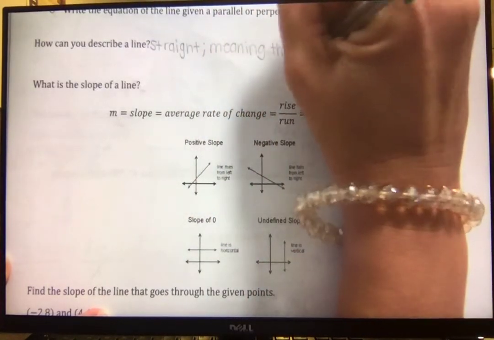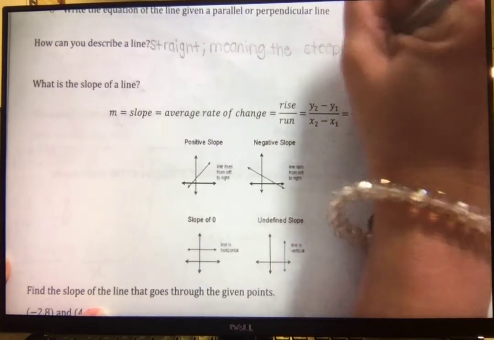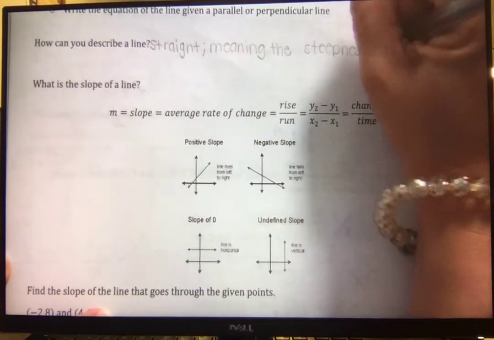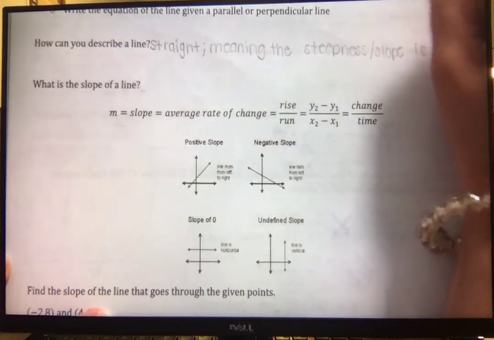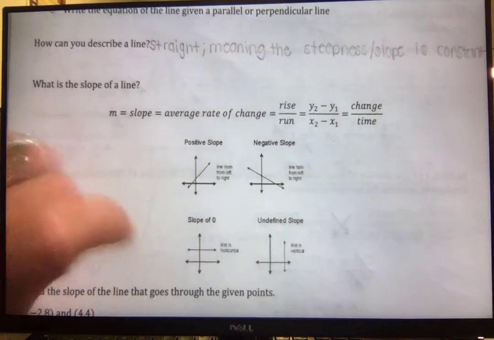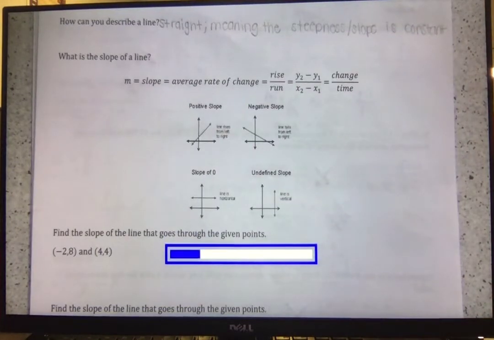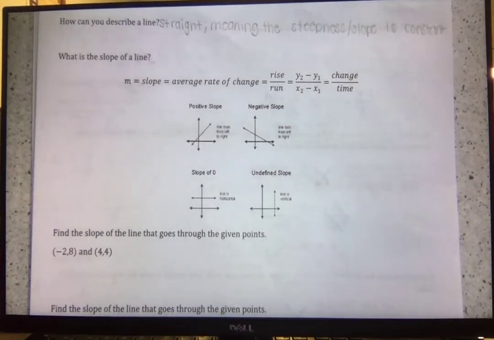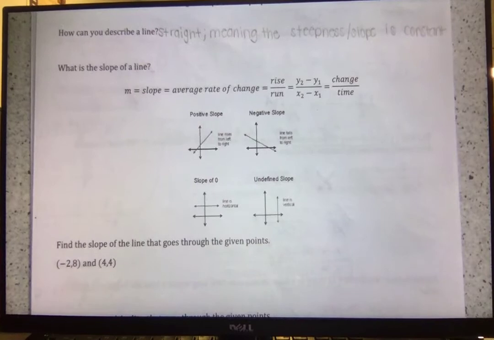What's another word for steepness? Slope. Perfect. So the steepness or the slope is constant. If it's not constant, that means it's curving. So it could be steeper at one point, steeper at another point, but it's straight, meaning the slope is constant.